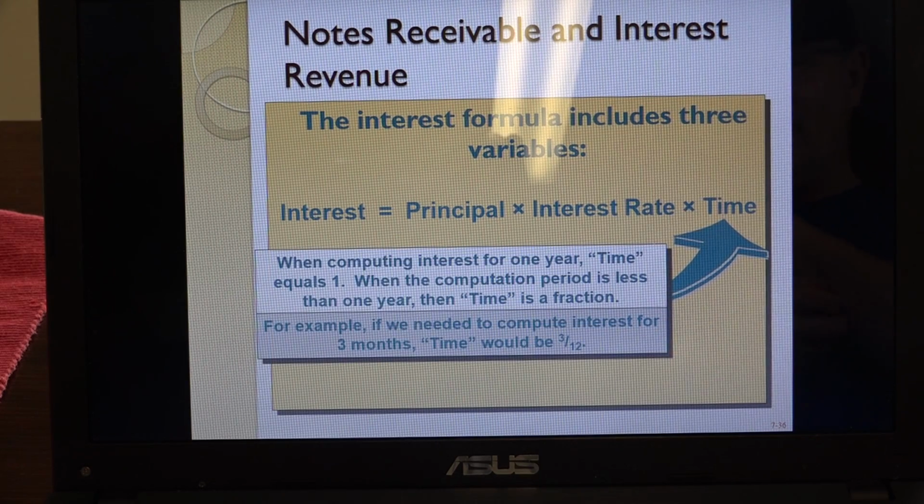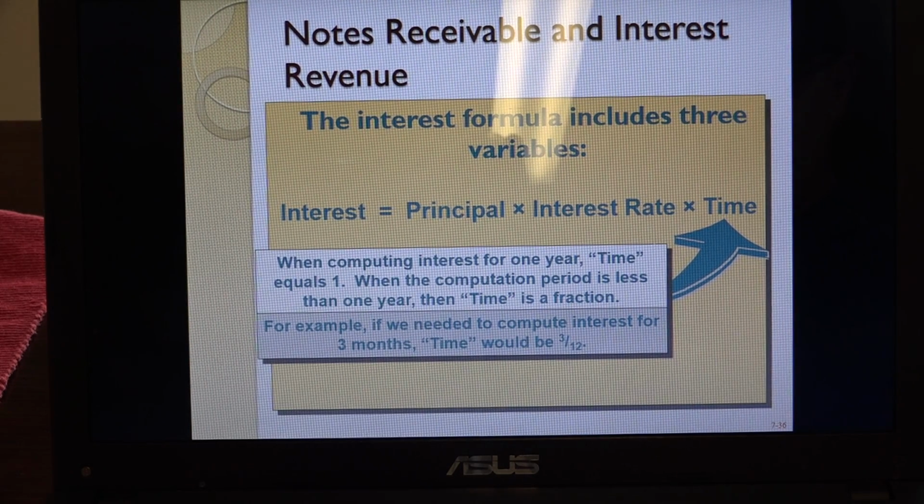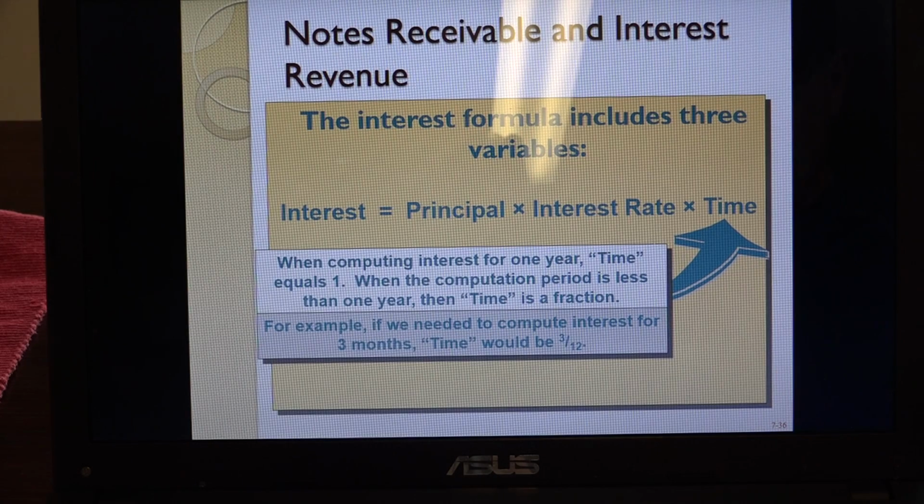And so you have the interest component of the payment, and you have a principal component. Well, how do you figure out how to compute interest? Well, it's the principal amount owed times the interest rate times the amount of time involved.